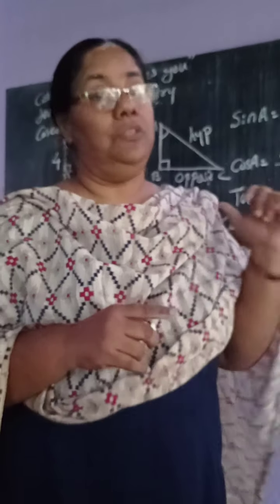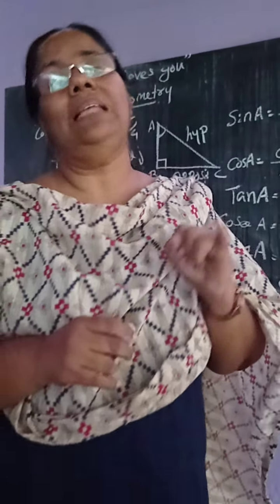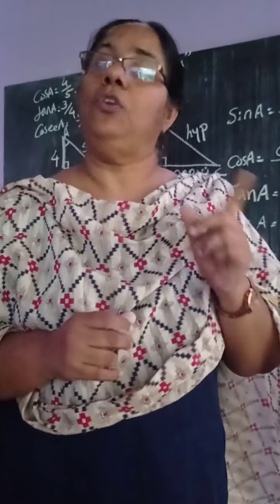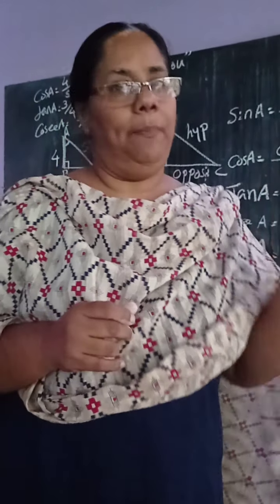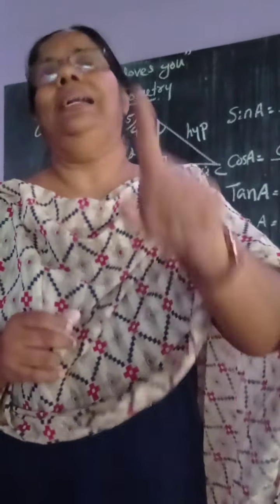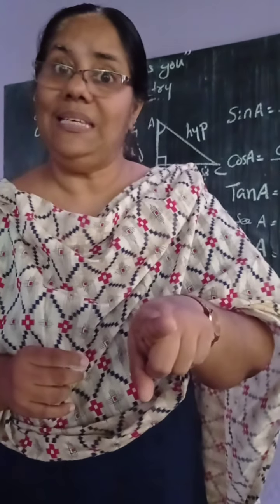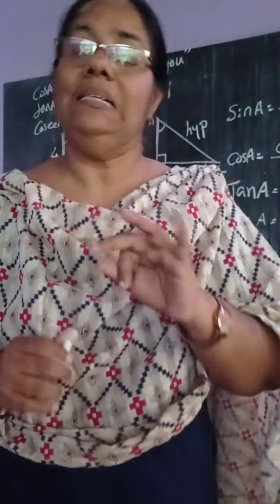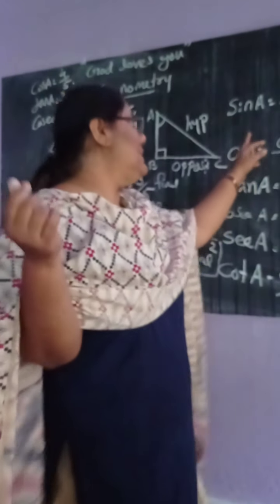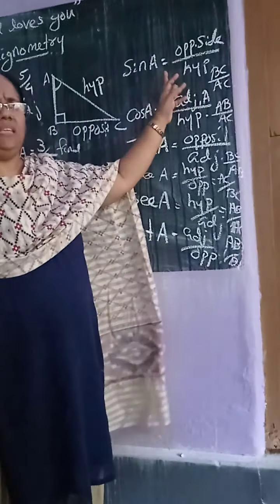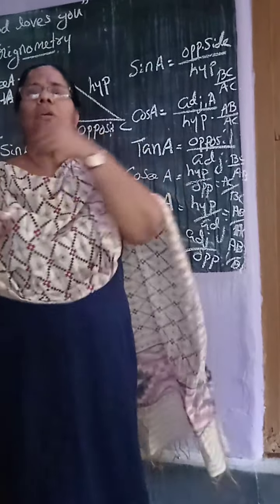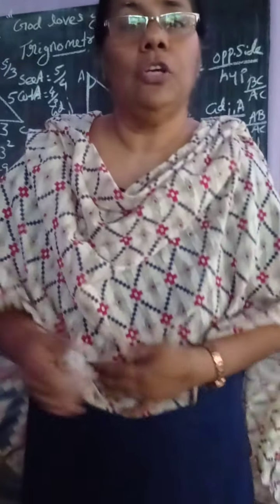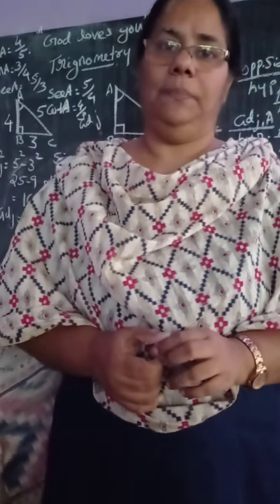Hypotenuse square is equal to opposite square plus adjacent square. From that, opposite square is equal to hypotenuse square minus adjacent square, and adjacent square is equal to hypotenuse square minus opposite square. Then copy this, study this by heart. Now substitute and find the other trigonometrical ratios.